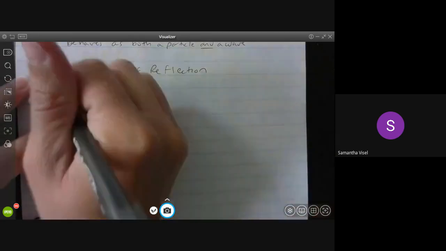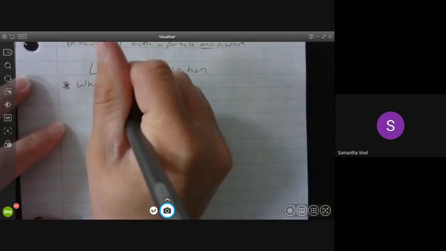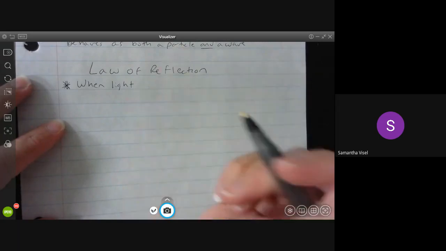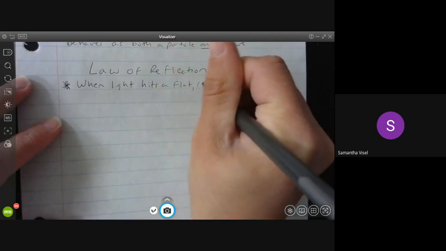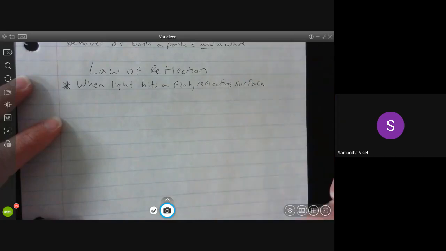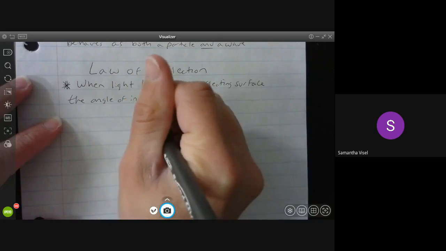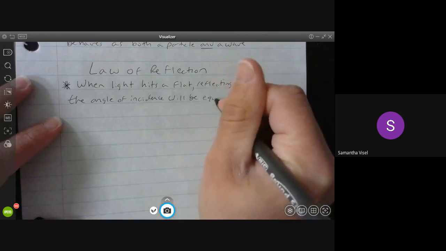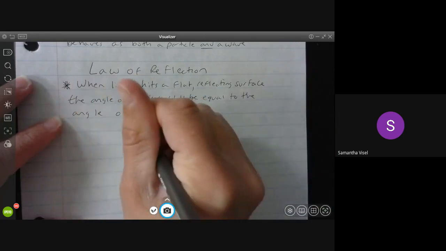So what the law of reflection says is that when light, and again, you can technically apply this to any form of electromagnetic radiation, but when light hits a flat reflecting surface, the angle of incidence will be equal to the angle of reflection.